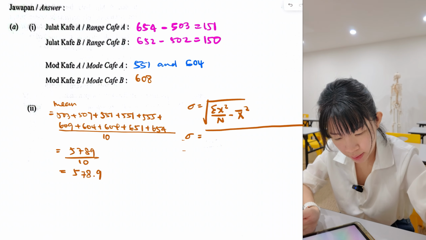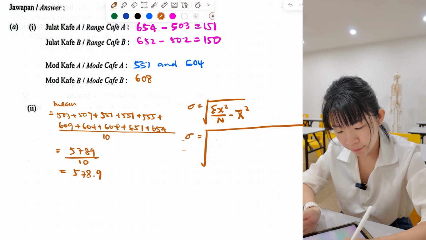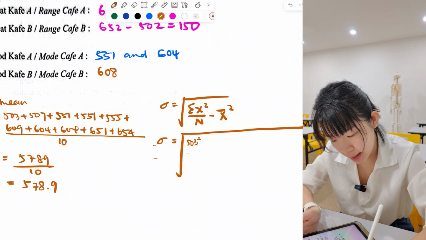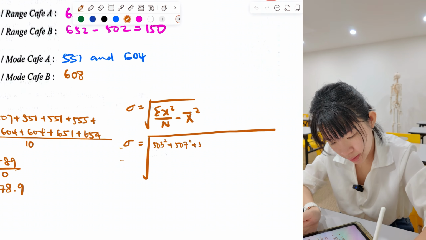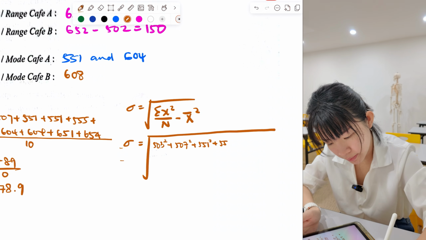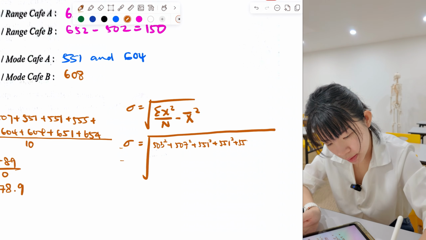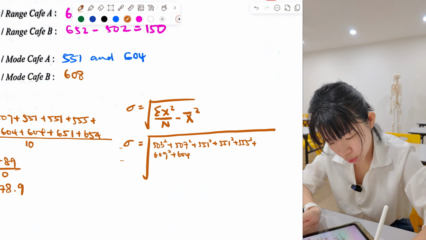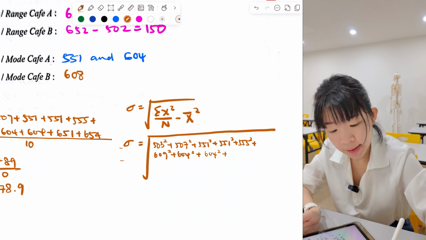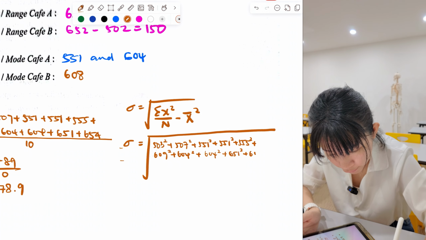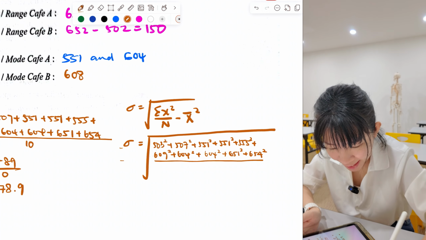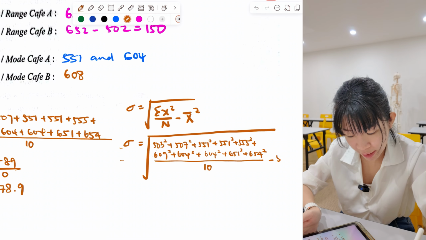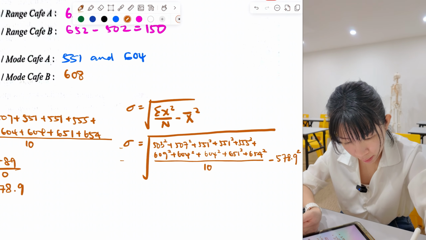So 503 squared, 507 squared, 609 squared, 604 squared, 604 squared, 651 squared, 654 squared, divided by n, which is 10, minus mean squared. So the mean we found is 578.9 squared.